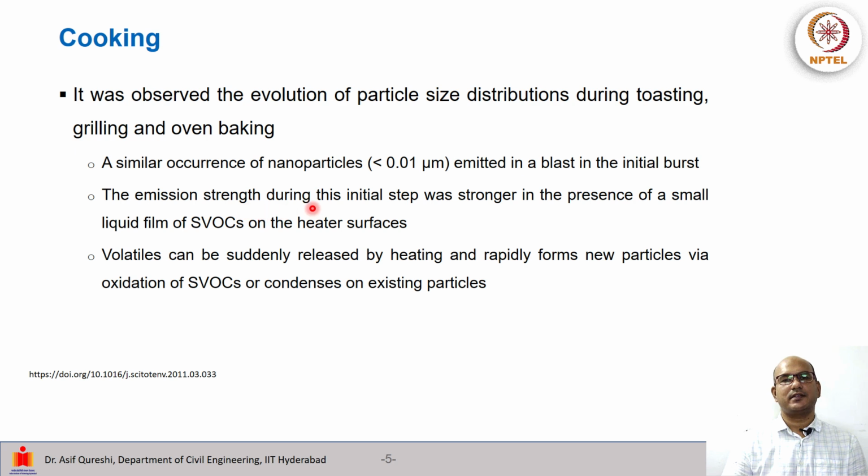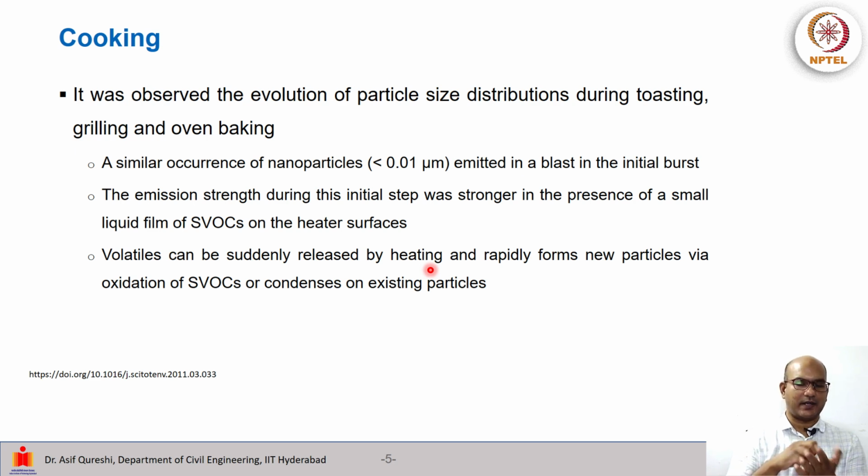The emission strength during this initial step was stronger in the presence of a small liquid film of semi-volatile organic compounds on the heater surface. So we have toasting, grilling and heating, which are heating surfaces, and if there was a layer of some volatiles, as soon as the heating started, these volatiles would be suddenly released.